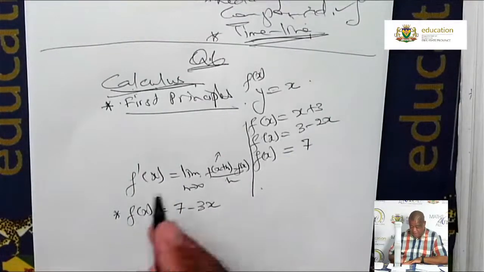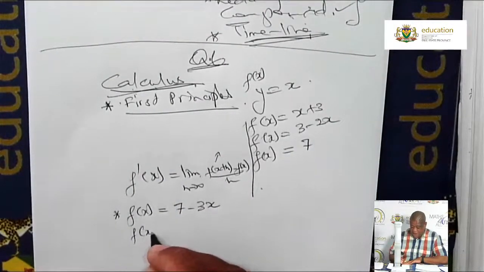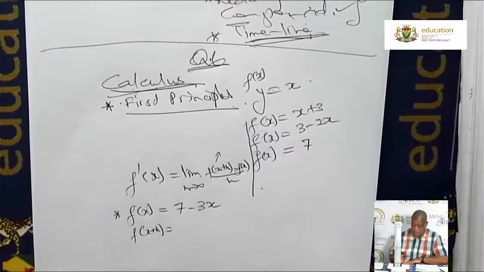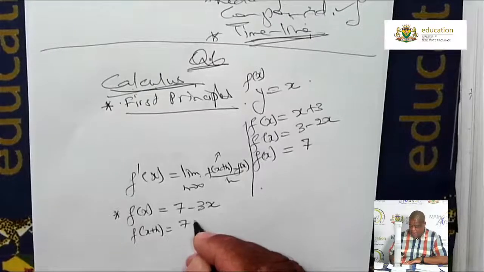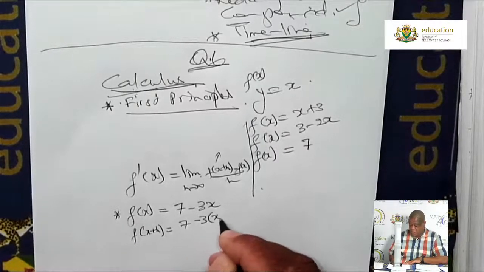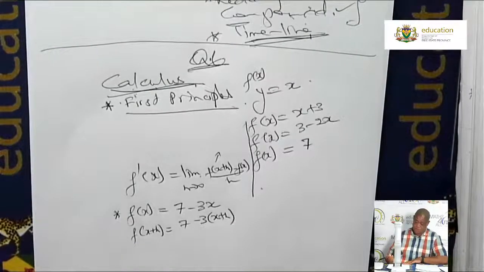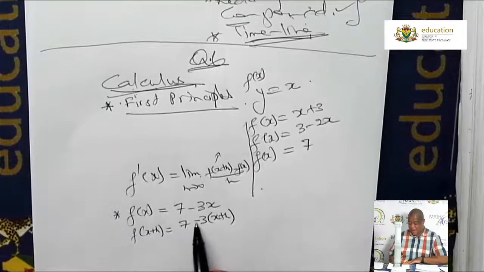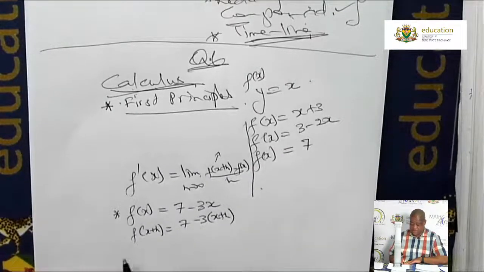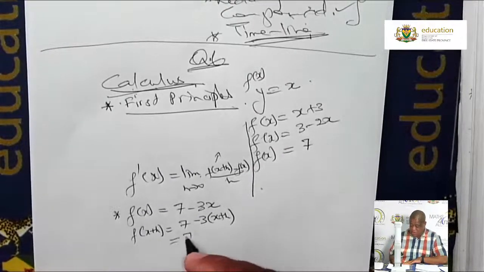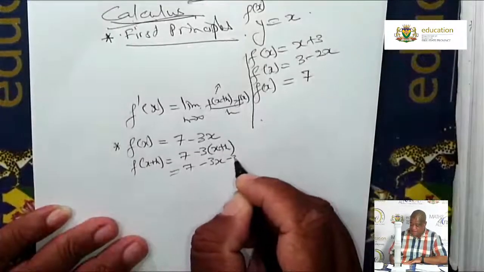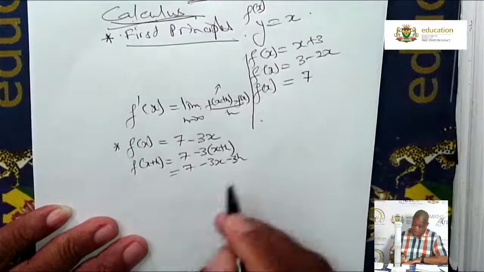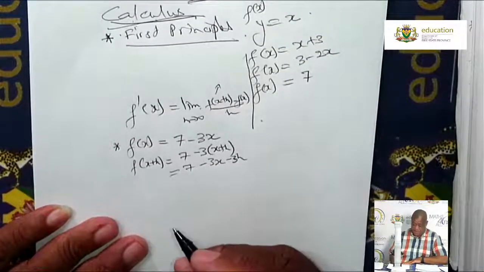This is your f(x). Find out what your f(x plus h) is from this one. Where you have your x, put x plus h, which means you now have 7 minus 3 into x plus h. Work it out as 7 minus 3x minus 3h. There it is. That is your f(x plus h).